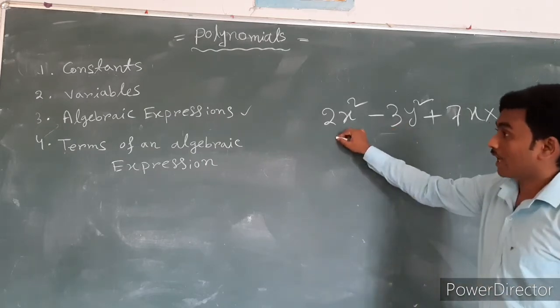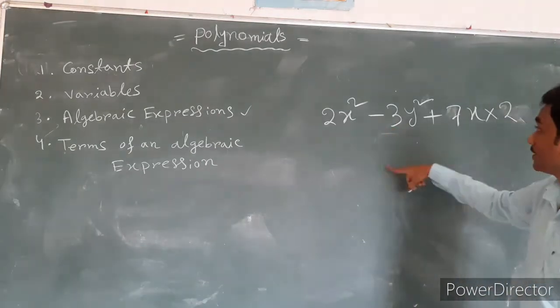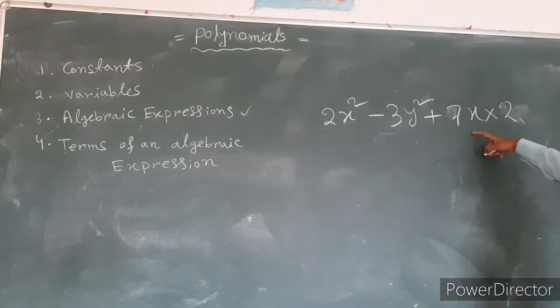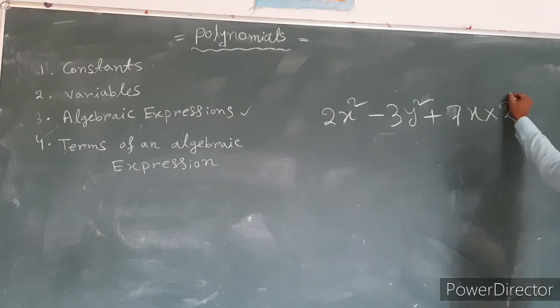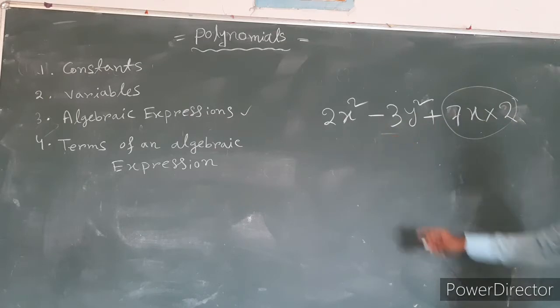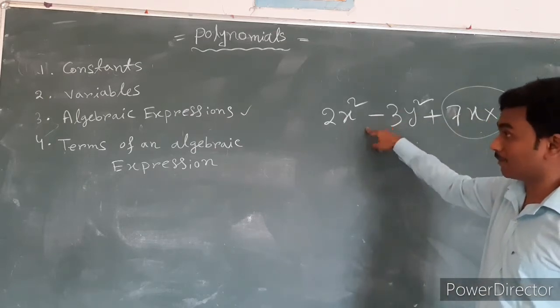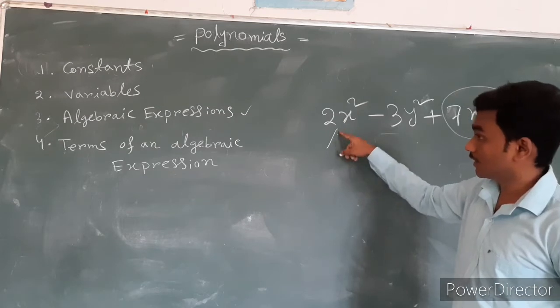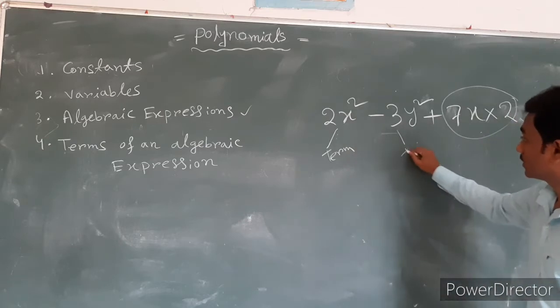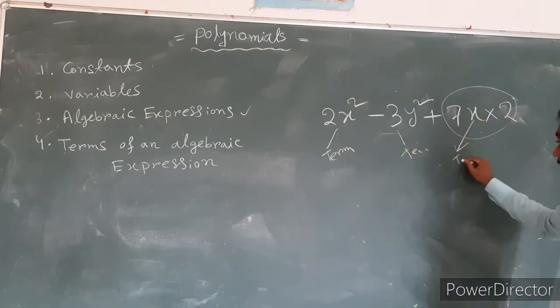First and second are separated by minus, second and third separated by plus, but third and fourth separated by multiply symbol. So this is one term, a single term, because these two parts are not separated by plus or minus. So these two parts are separated by plus and minus. So this is a term, this is also another term, this is also a term.